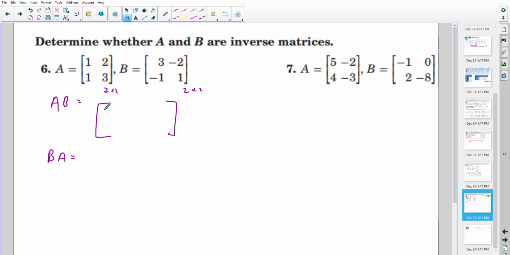1 times 3 is 3. 2 times -1 is -2. Going to the next position. 1 times 3 is 3. 3 times -1 is -3.